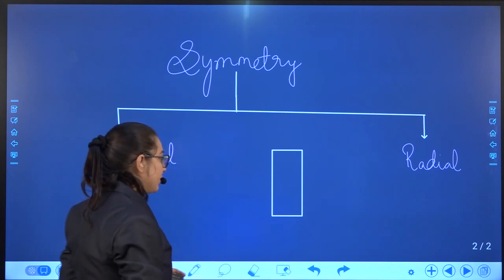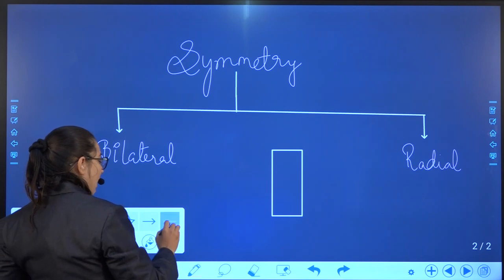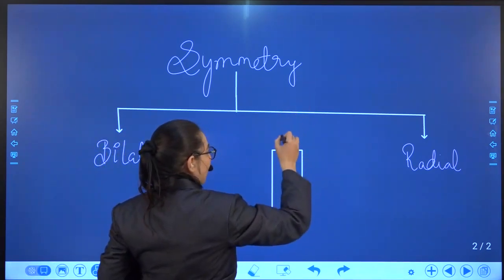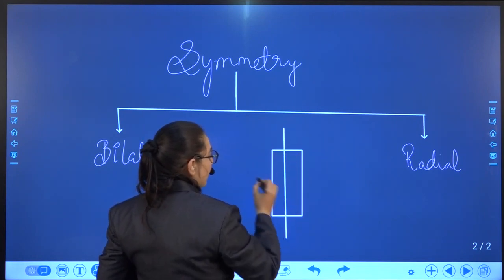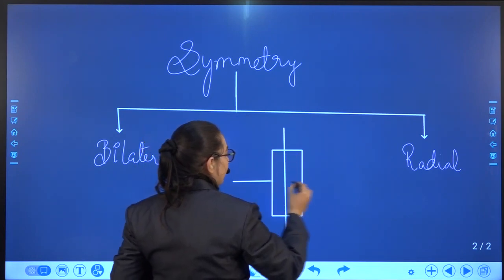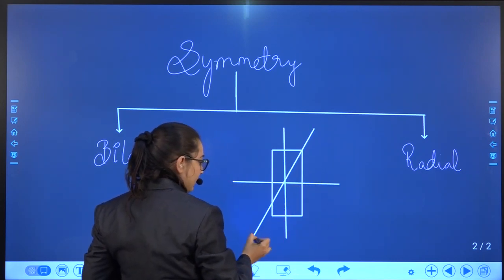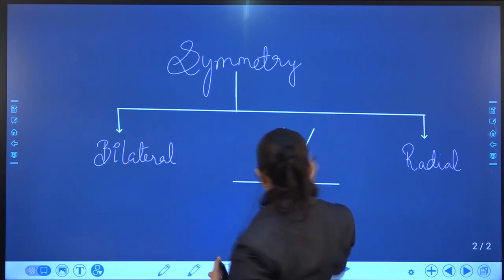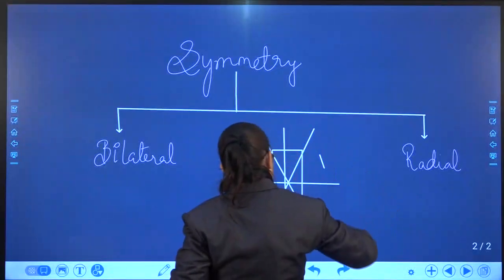In order to divide it into two equal halves, you have any one of the planes, like you can divide it like this, you may divide it like this, you may divide it like this. Like this also you can divide it.